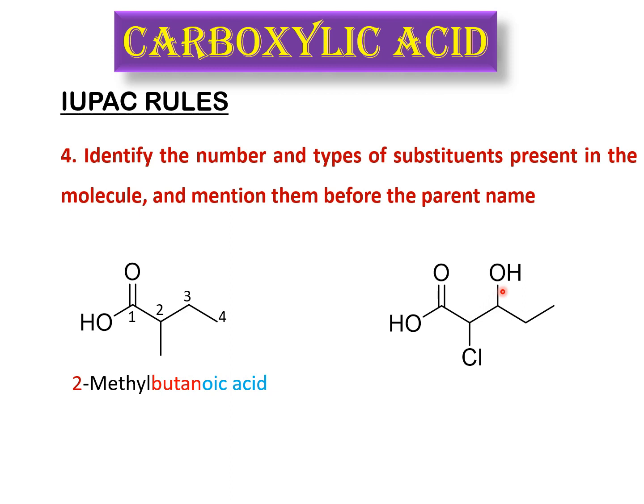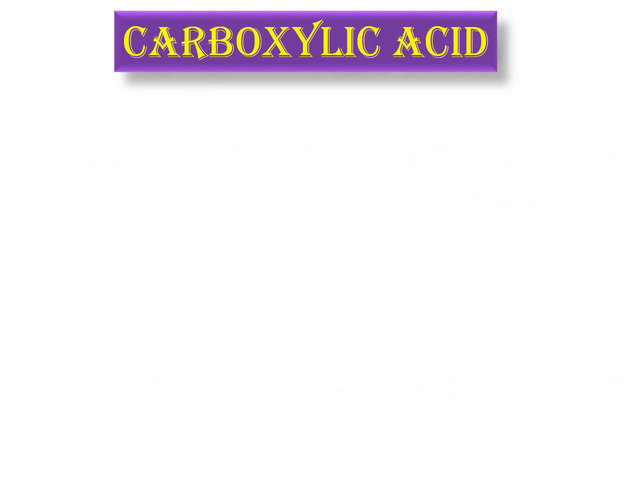If you have different substituents, then you mention them in alphabetical order. So chlorine comes first, then the hydroxyl group. So this would be a 2-chloro, 3-hydroxy pentanoic acid. You see chlorine is at 2, the hydroxyl group is at 3.